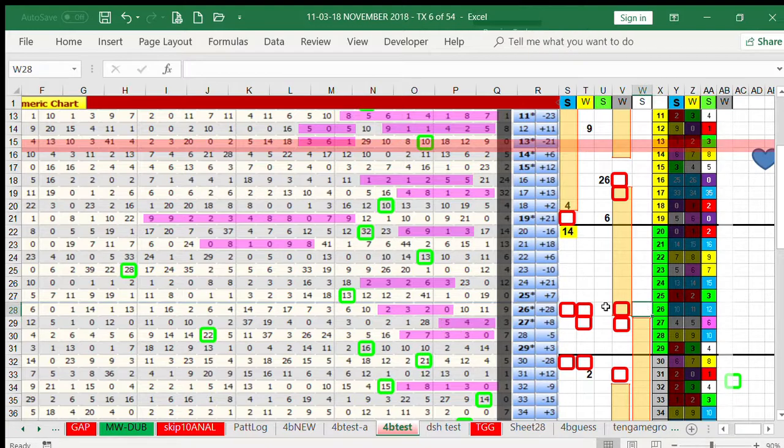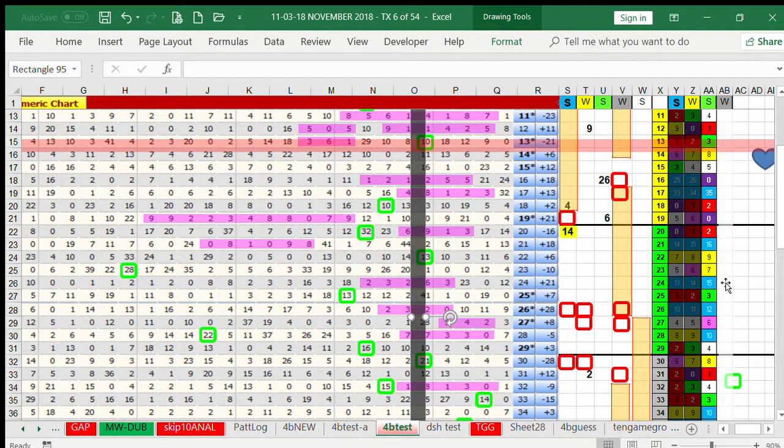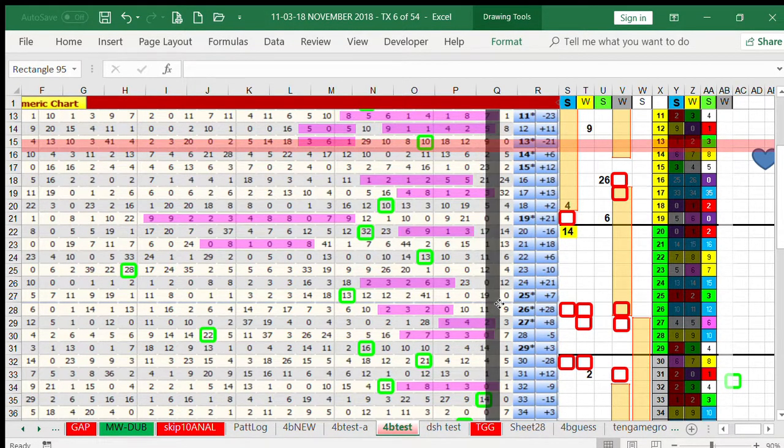And the 26 I kept also, though that's not a gap 10, but it's a little less. Because now the symmetry on the 26 is 10, 11, now it's 12. So it's still at that good chart point.